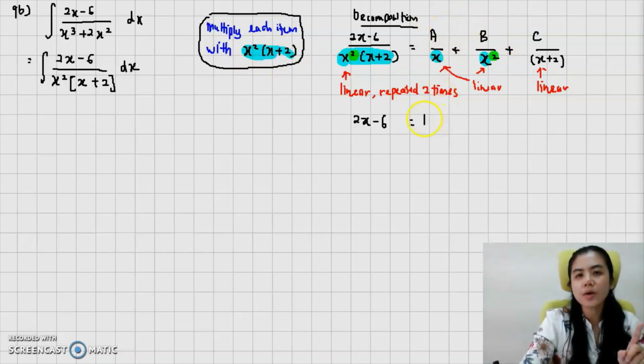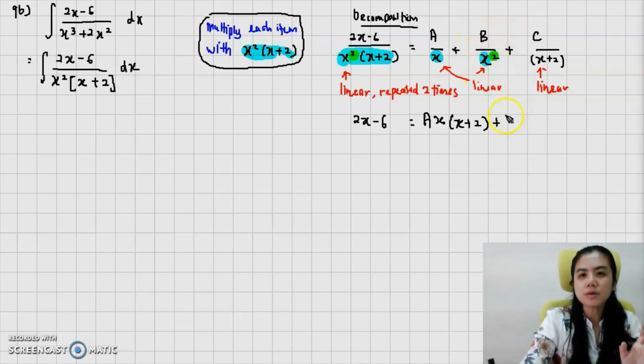Of course the a you have to write. Then you multiply the next fraction with this, and this cancels, so remaining of x and x plus 2. What happened to the next? Multiply this fraction with this, so x squared and x squared can be cancelled.